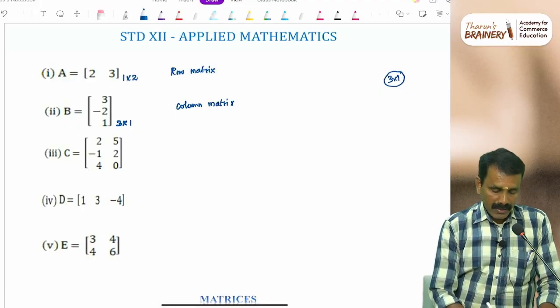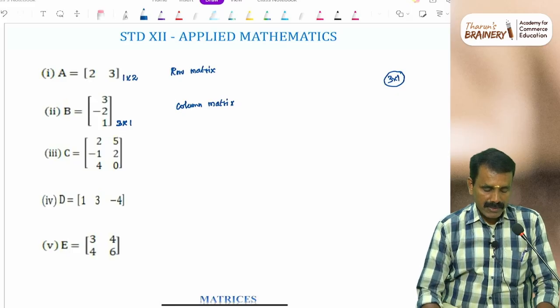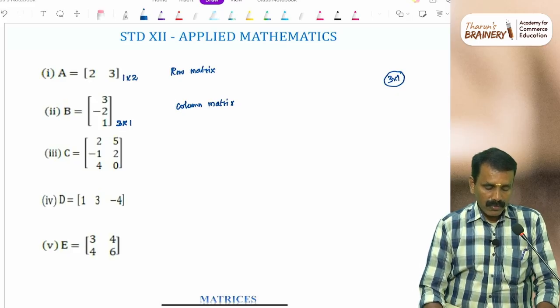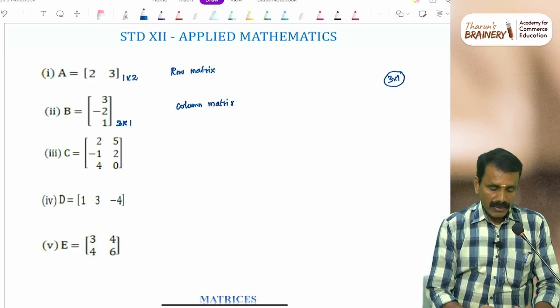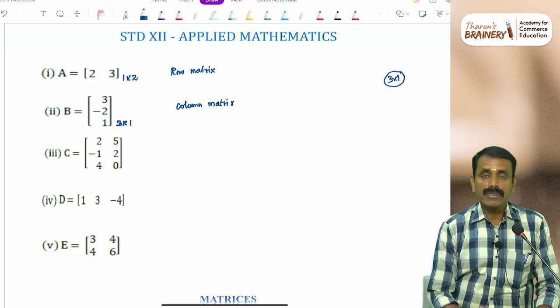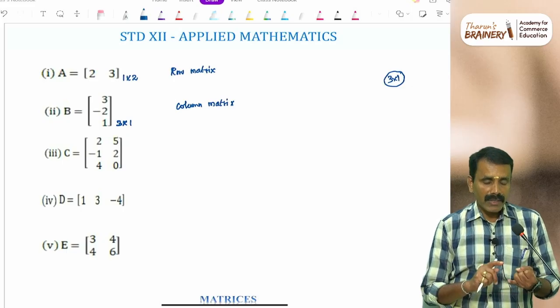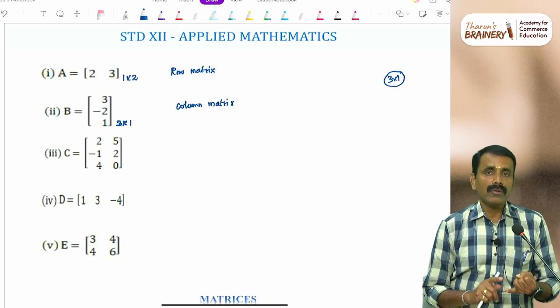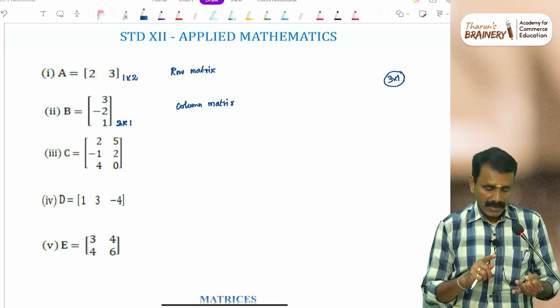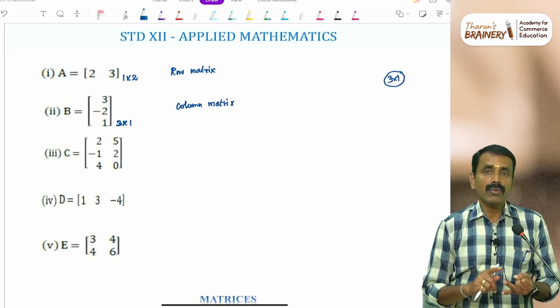Now, third subdivision, C is equal to the matrix with rows 2, 5; minus 1, 2; 4, 0. It is going to have 3 rows and 2 columns. So, it is not going to contain only one row, it is not going to contain only one column, because it is going to have 3 rows and 2 columns.